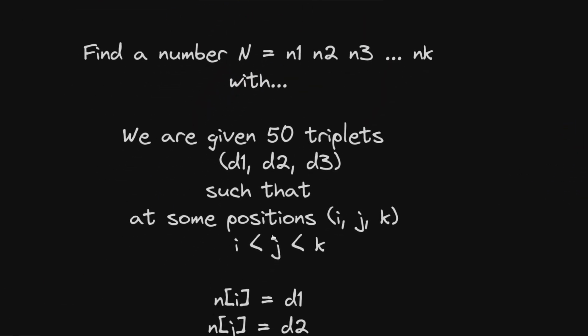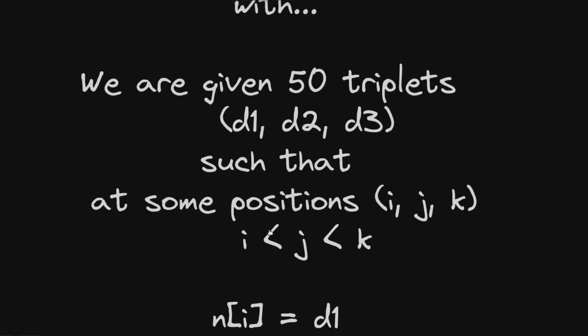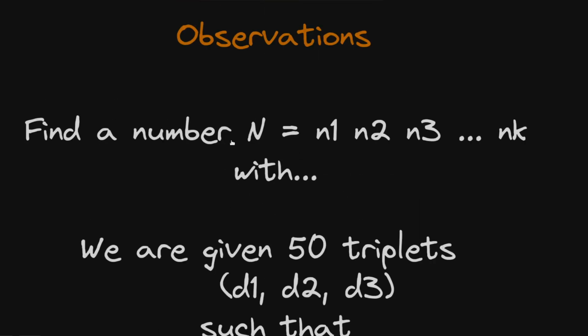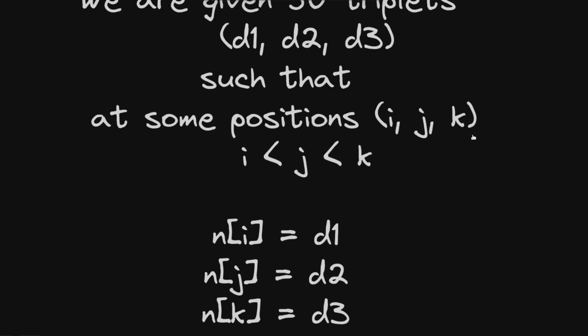Since they are given in sequential order, that means we can say that they are present in the passcode n in the positions i, j, and k, such that they are incremental positions. So i comes first, then j, then k.